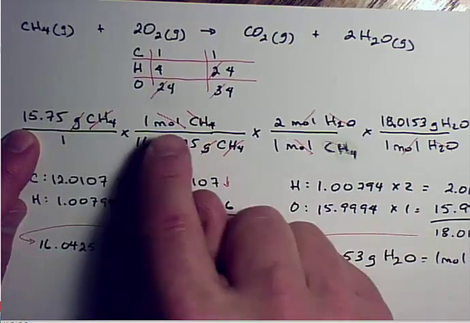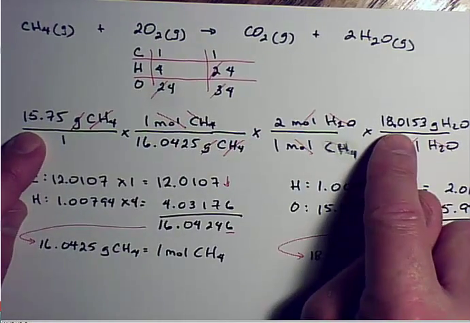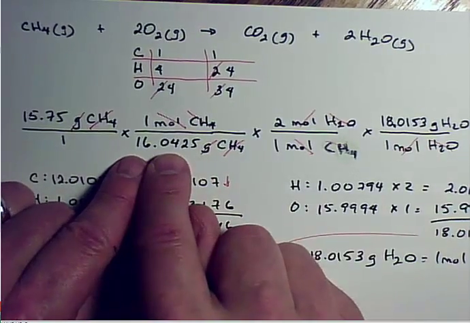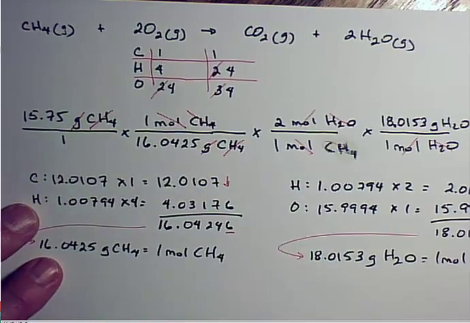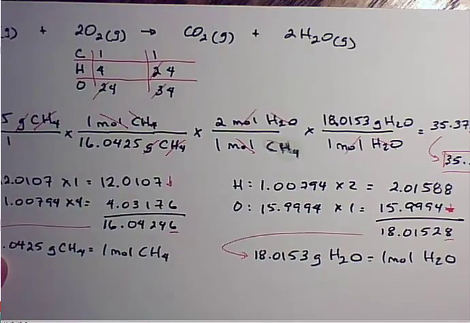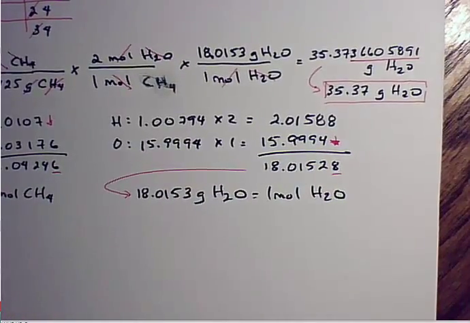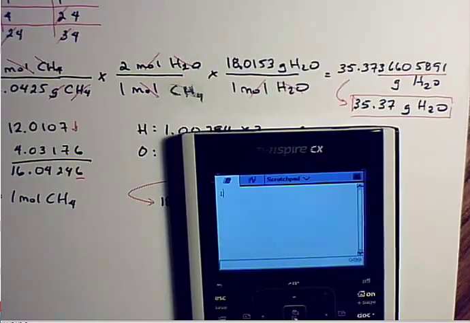Okay, you take 15.75. You can skip the 1 because that just gives you the same number, right? Times 2 times this number. Hit equals. Hold on. And then you divide by 16.0425. Alright, so 15.75.